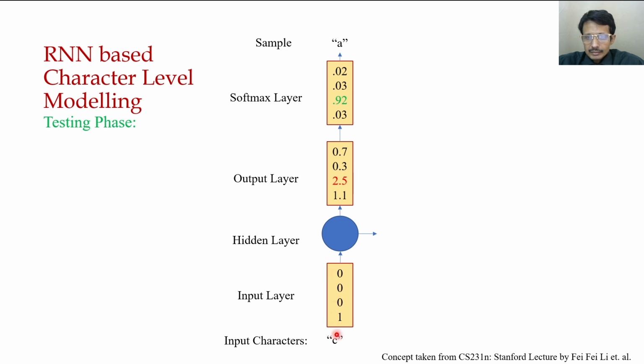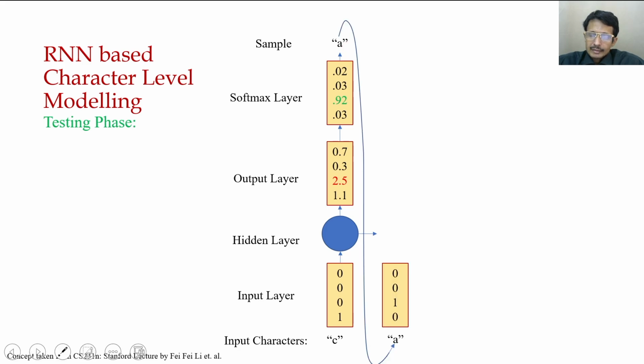This is C, so the next predicted letter, since the word is CATCH, is A. Now this A is coming here, because as we have seen before, there is no input as such here. It is coming because it's the next letter to be generated.